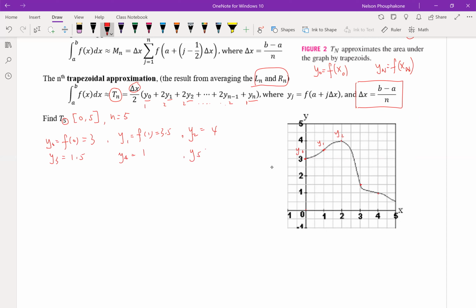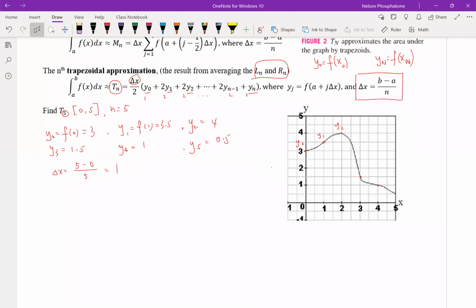And y sub 5 is 0.5. My delta x is (5 minus 0) over n, so delta x is equal to 1.